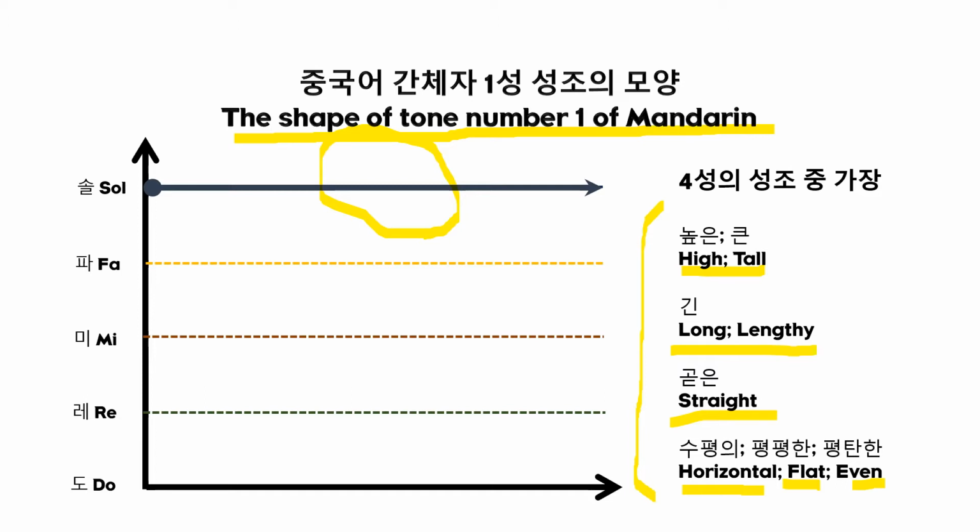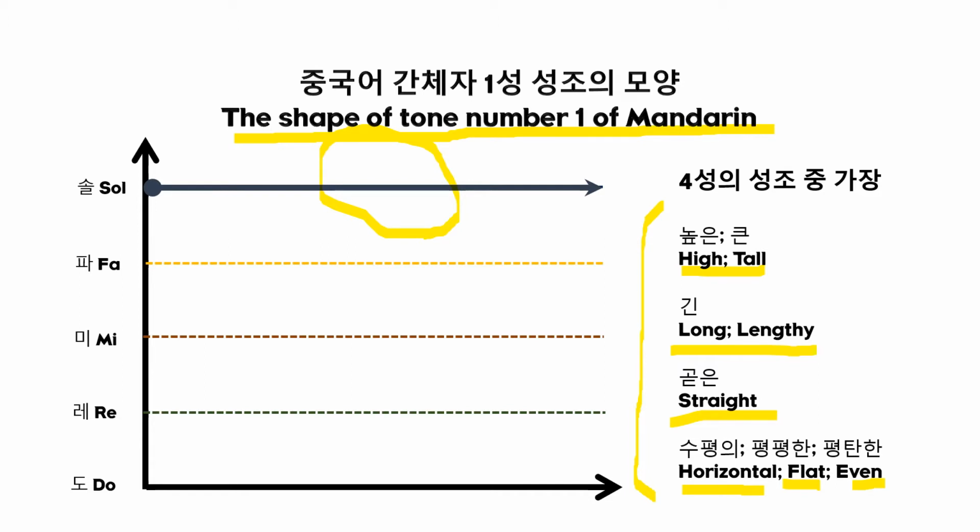So if there were not the concept of tone number, the Chinese language could not be established as a language. In Korean, we have so many sounds, nearly unlimited.